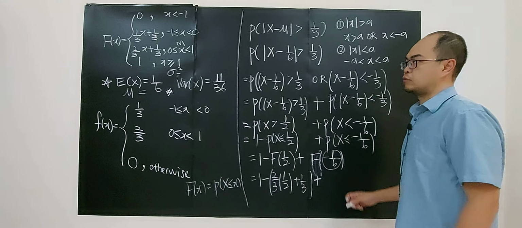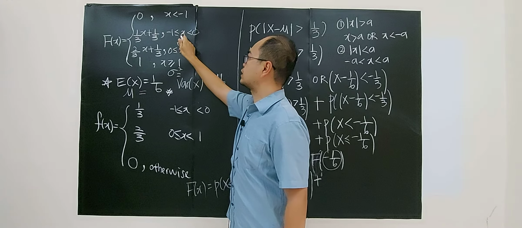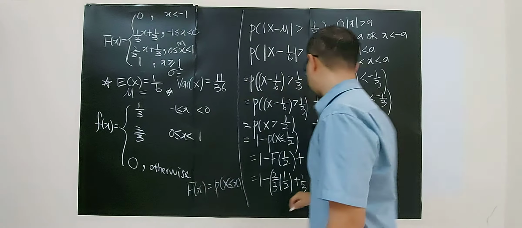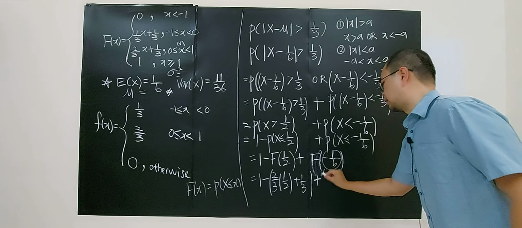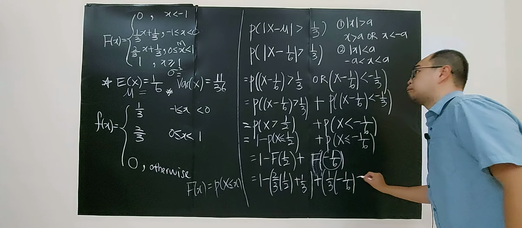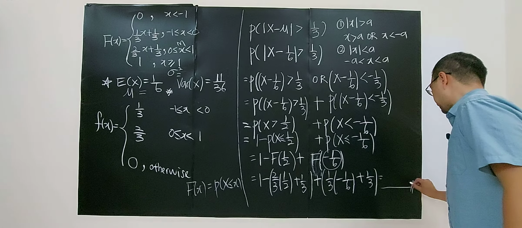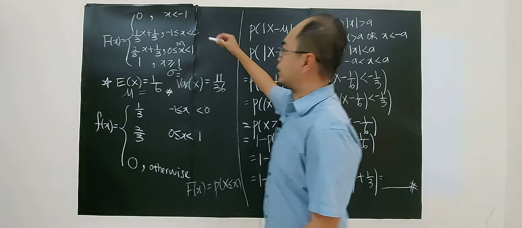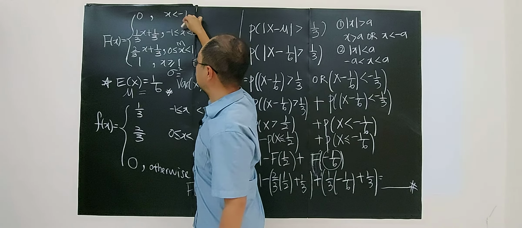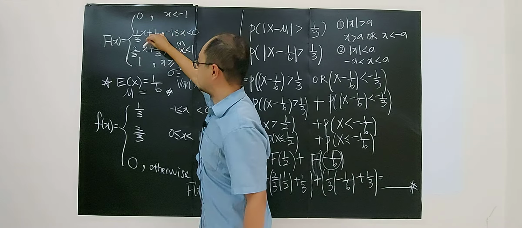Negative 1 over 6 is a value between negative 1 and 0, right? Negative 1 over 6 is inside here. So you substitute inside here. So you will have 1 over 3, negative 1 over 6, plus 1 over 3. Then you will get your required probability. Very simple. The negative 1 over 6 is between these two numbers, so you substitute negative 1 over 6 here, and the 1 over 2 is substituted here.